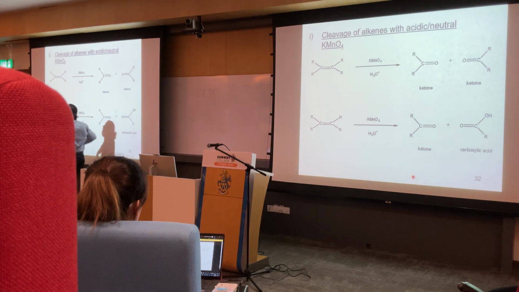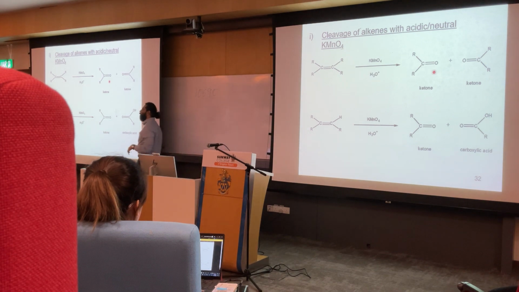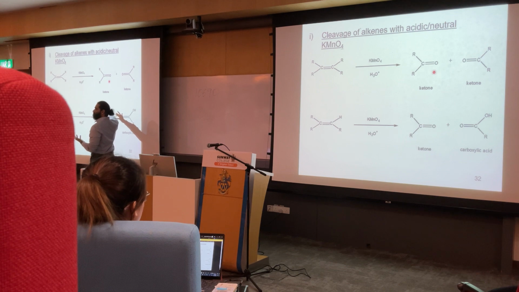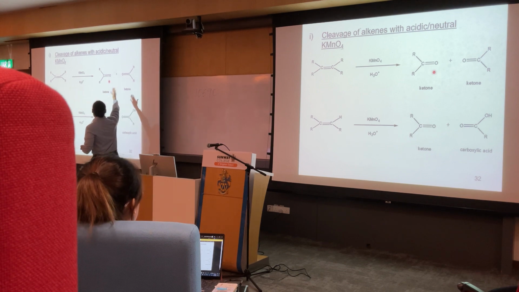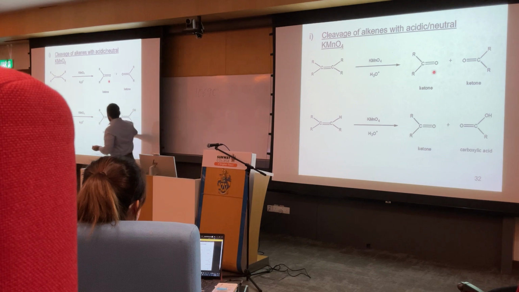Right? If we use acid for this reaction, then the carbon-carbon double bond is cleaved from the middle, and you can simply put oxygen on both carbons. But what does it mean? We have converted alkenes into a totally different functional group: carbonyls, ketone, or carboxylic acid, depending on what type of alkene we are taking.